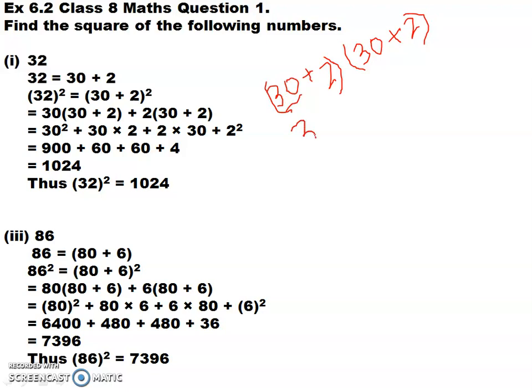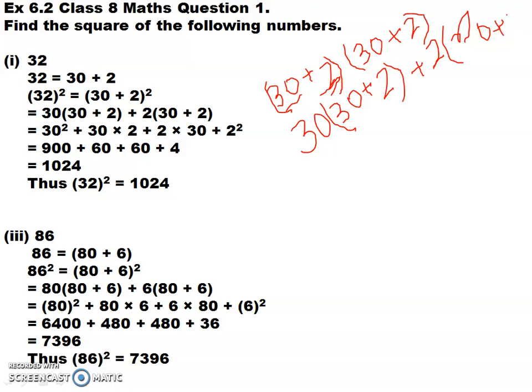That is what we do as 30 into this bracket, 30 plus 2. 30 into 30 plus 2, and the second number, plus 2, into the second bracket, 30 plus 2.